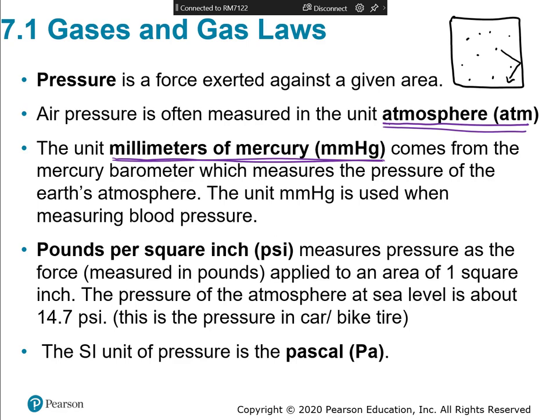You know how they talk about high pressure and low pressure? They'll give those measurements in inches of mercury. When you've seen mmHg, you hopefully have seen that when thinking about blood pressure. If somebody has a blood pressure of 120/80, that actually means 120 millimeters of mercury. It's a measure of the amount of pressure on the walls of the blood vessels.